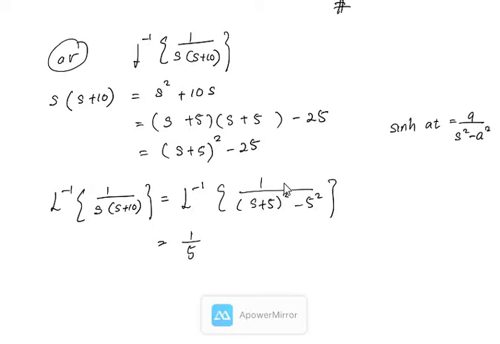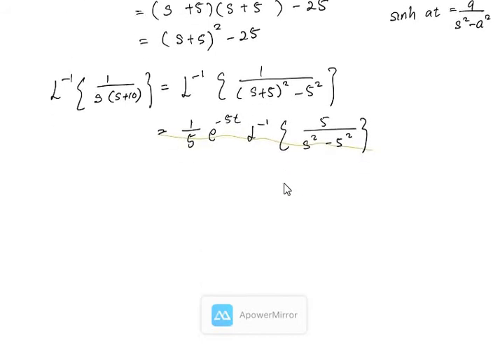Okay. Then s plus 5, we can change it to exponent negative 5t. And then inverse Laplace transform of 5 over s squared minus 5 squared, this one we can solve using inverse Laplace transform of sinh. So we get sinh 5t.